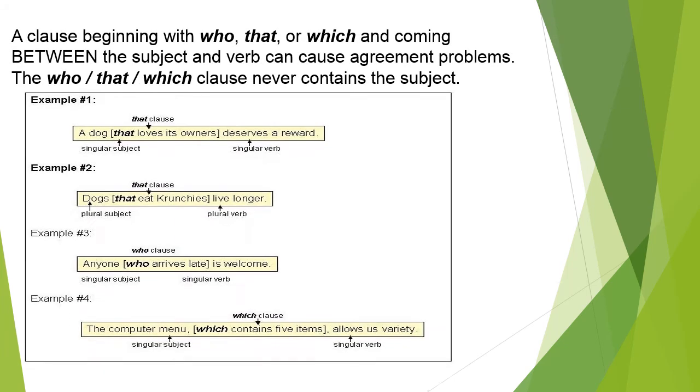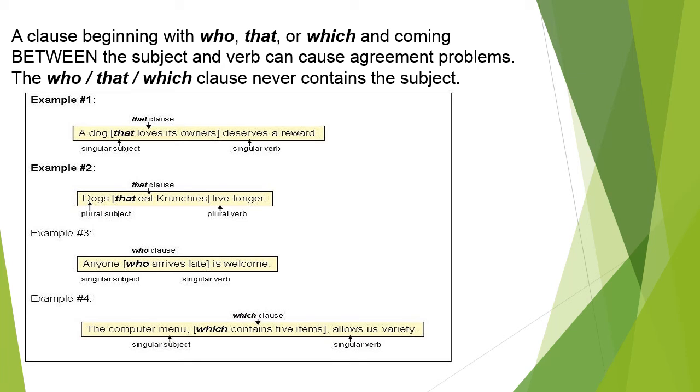So, the clause beginning with who, that, or which and coming between the subject and the verb can cause agreement problems. Just keep in mind, a who, that, or which clause never contains the subject. So again, you look at the head or at the subject. It means you want to tell me what the sentence is talking about. Is it talking about a dog or the owner? Once you tell me what the sentence is talking about, you directly know the answer.